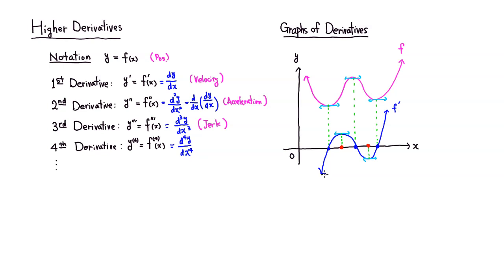In the beginning, f prime is increasing, so f double prime has to be positive. So you start out positive. After that point it's decreasing, which means the second derivative is negative. And then you come back, and after that it's positive. So you have a parabola-looking shape. This is our f double prime.